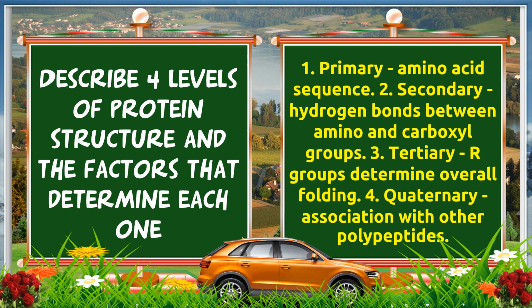There we have hydrogen bonds between amino and carboxyl groups. The third one, the tertiary structure. The R groups determine overall folding. And then the fourth, the quaternary structure. This one is an association with other polypeptides.